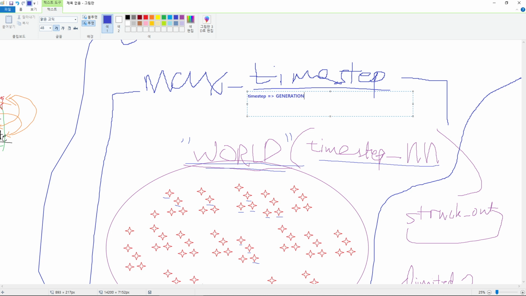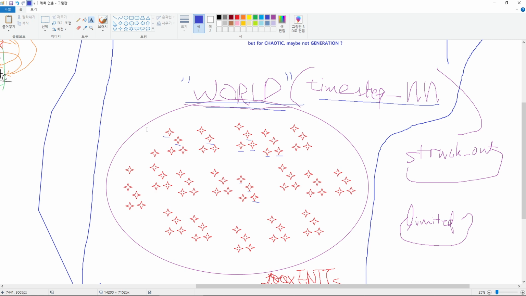But for chaotic, I don't think I can call it the same. Maybe not generation, because using the word generation implies, in the past tense, that all the entities usually went through the same phases or same series of processes.